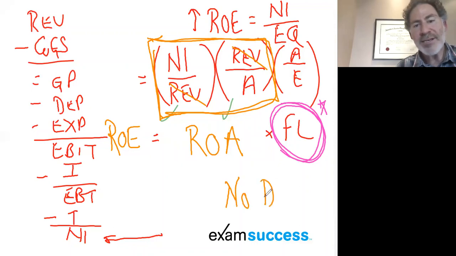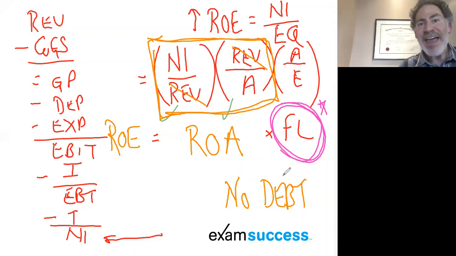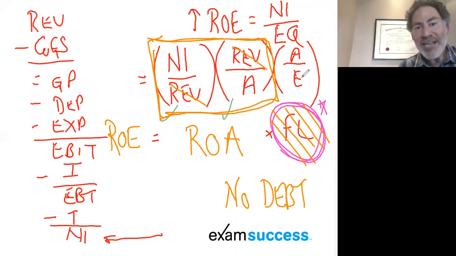So if there's no debt, then this is the CFA signal that there's no financial leverage. Okay, the assets are equal to the equity. So assets over equity is equal to 1. Do not write 0. That's a common mistake. It doesn't mean it's 0. It means it's equal to 1.